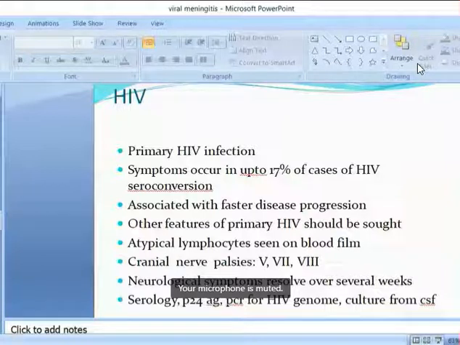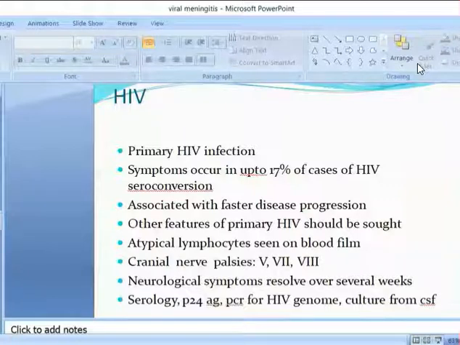If such a case occurs in primary HIV infection, then they have a faster disease progression. And if somebody comes with those signs and symptoms with a history suggestive of HIV, you should look for seroconversion. You have to test for HIV.